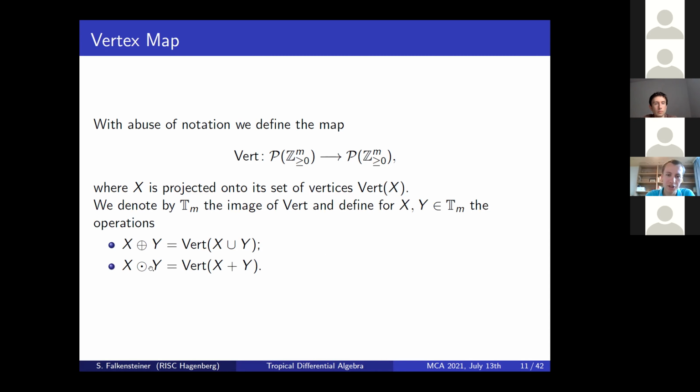The multiplication is defined as taking the set addition, so the Minkowski sum, and then applying this vertex map, because in general, this result on the right-hand side, without applying the vertex map, would not be a set of vertices. And we denote by this capital TM all vertex sets with these operations.